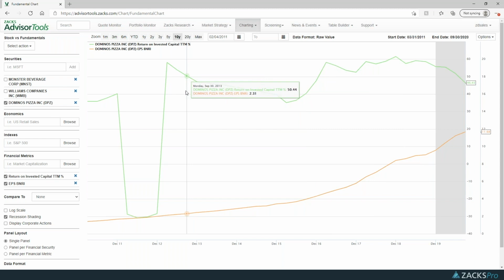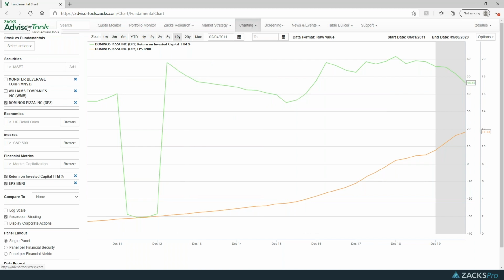So again, high return on capital, high reinvestment rate, high ROIC for a long time frame. And again, that indicates the presence of a moat. So these are all exercises that you can conduct on a case-by-case basis within the Advisor Tools platform.